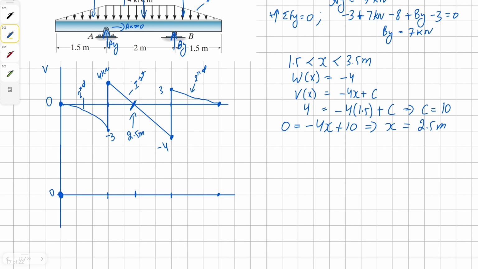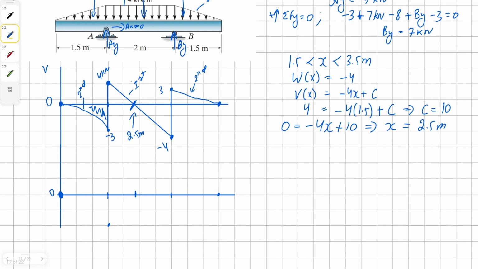Now that we have our beam moment, we know that our moment curve for our first half, which is 1.5 meters long, is going to have a third order curve, and it's negative, or at least the shear is negative, and we need the shear area to find our curve.